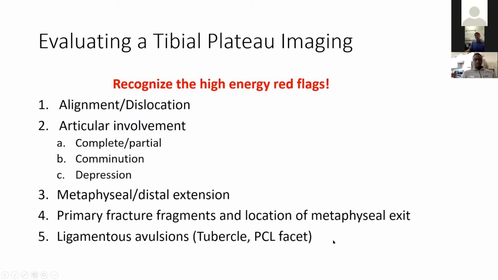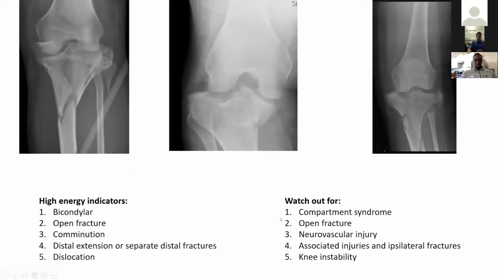The big ones you have to recognize for acute fractures are the tibial tubercle. That's number one you have to find. And then the PCL facet is also a bit of a hot topic to find. So these are the big red flag things. You want to look for bicondylar patterns, tons of comminution, open fractures, distal extent or separate fractures. Oftentimes you'll see people with shaft fractures and plateau fractures.